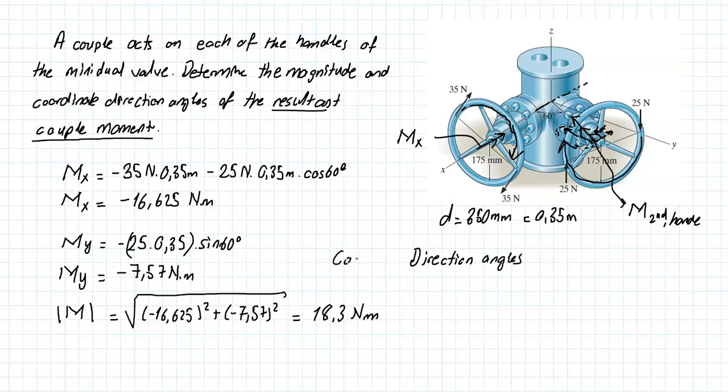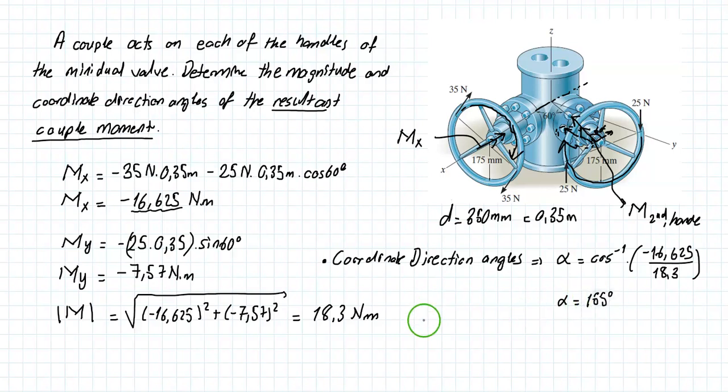So the angle that the resultant moment makes with the x-axis is arc cosine of the x component, minus 16.625 over the magnitude of the resultant vector, which is 18.3, and this gives me alpha equals 155 degree.